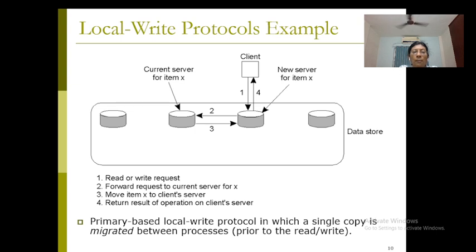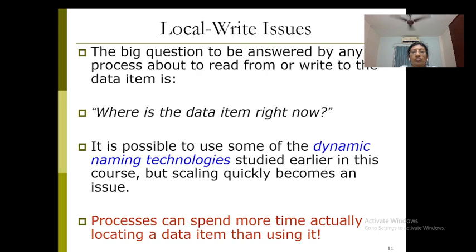Here, a primary based local write protocol in which a single copy is migrated between the processes is shown. Initially the client gives a read or write request, then the request is forwarded to the current server for X, the third step is moving the item to the client server, and the fourth step is returning the result of the operation on the client server.